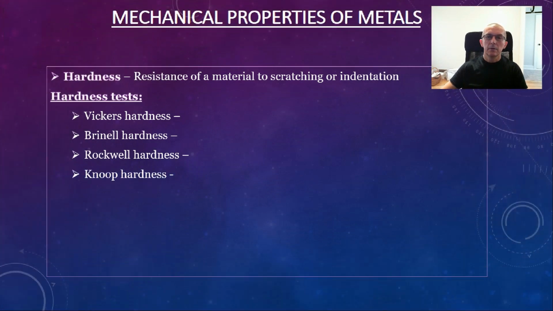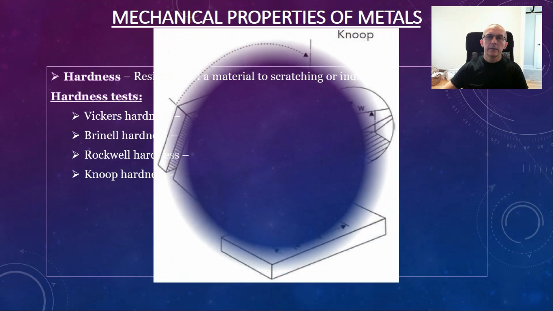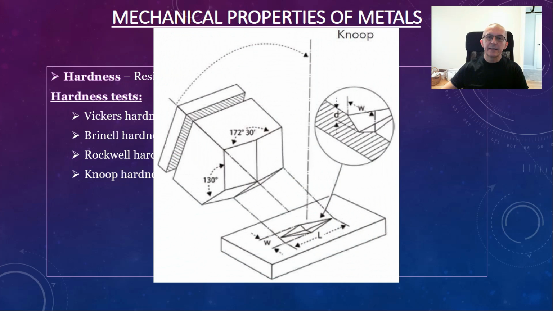The next one is the Knoop hardness. Now this is another shape there, and the Knoop hardness is tested using a stretched diamond shape, and this is more of a scratch test.